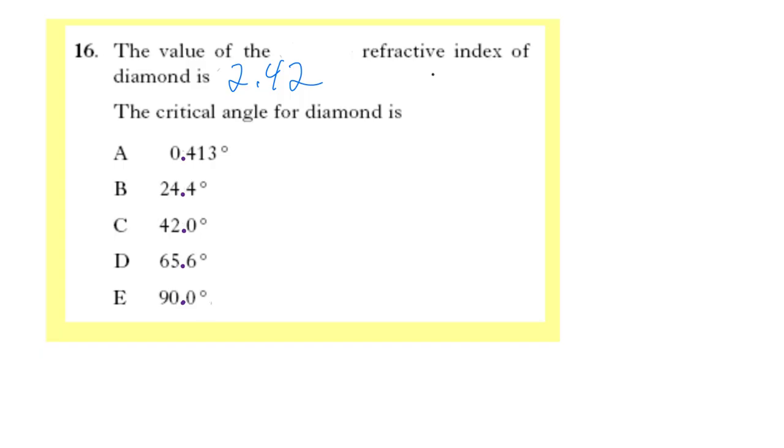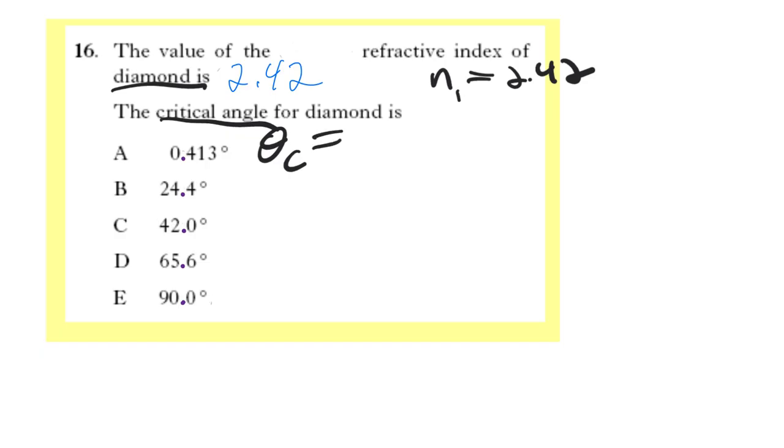So the n of diamond is 2.42. I'm going to call that n1 because I'm doing a critical angle. The critical angle, say theta C, is an angle of incidence. So the diamond is n1.